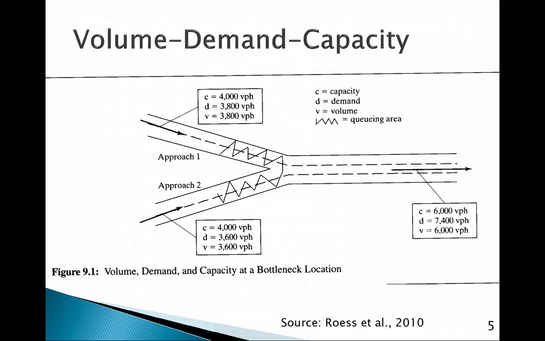Now there's a combined demand of 7,400 cars that want to get through here in an hour, but there's only a 6,000 capacity. There's only 3 lanes here to serve them. So what would happen in this instance is the traffic would back up from the merge point, as you can see those squiggly lines, and it would back up onto the approaches. So even though the approaches each have enough capacity, their combined demand downstream, there's not enough capacity to serve it, and that creates a bottleneck.